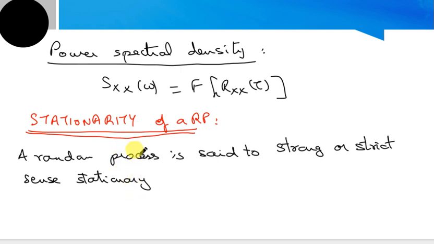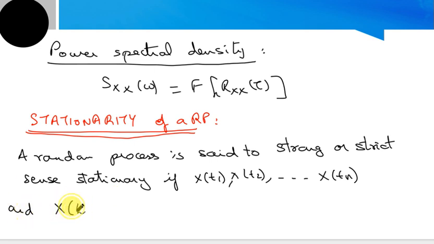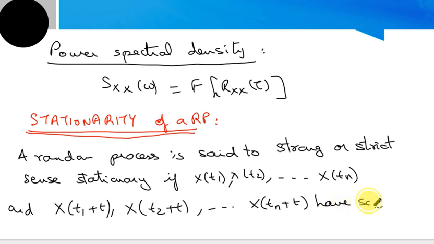if the set of random variables x of t1, x of t2, etc., x of tn, and x of t1 plus t, x of t2 plus t, etc., x of tn plus t have the same PDF for all t.